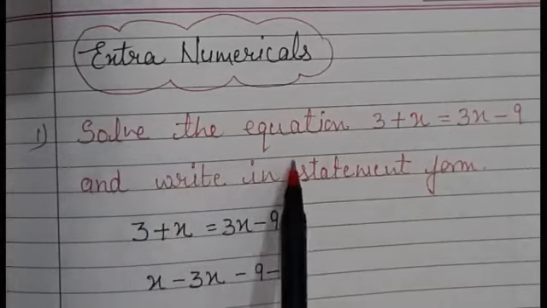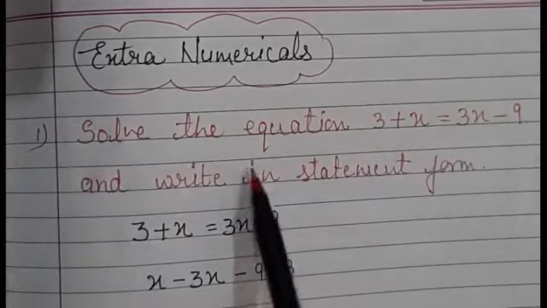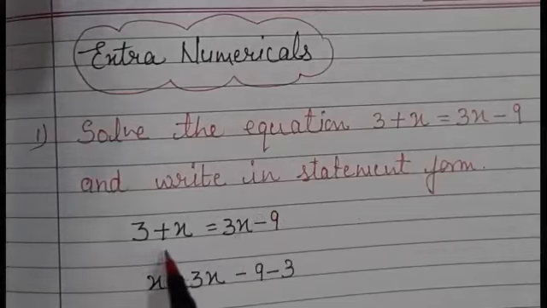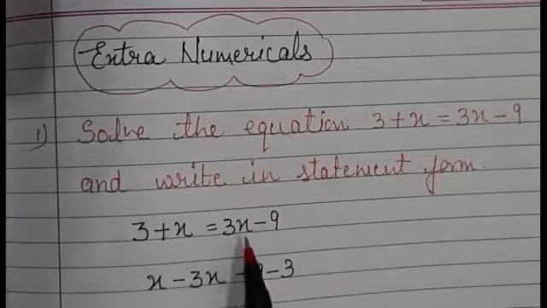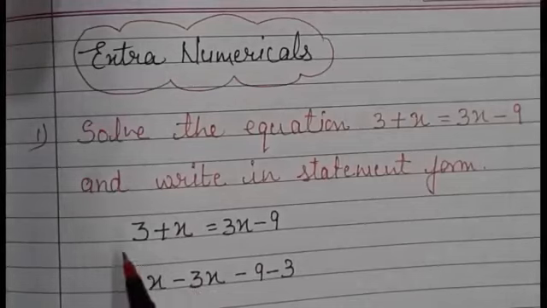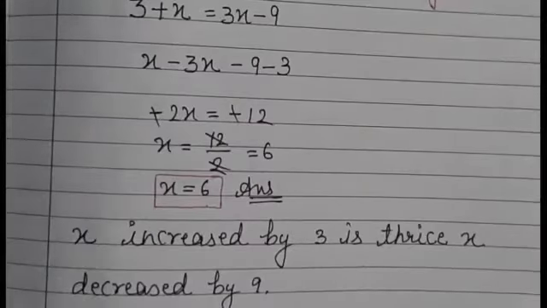First one, solve the equation 3 plus x is equal to 3x minus 9 and write it in statement form also. So first we have to solve this equation. 3 plus x is equal to 3x minus 9. To transpose 3x from the right hand side to the left hand side, we have to subtract, and when we transpose 3 from the left hand side to the right hand side, we have to subtract.